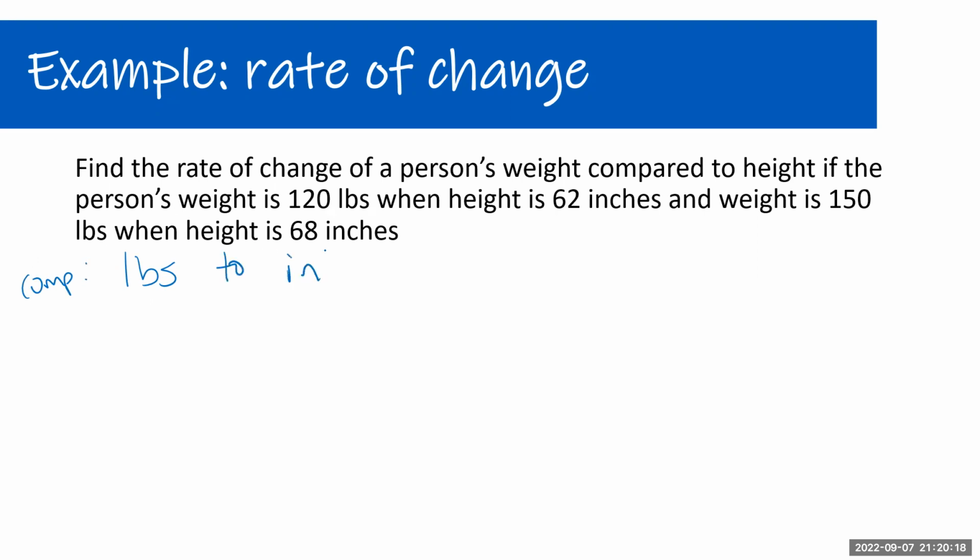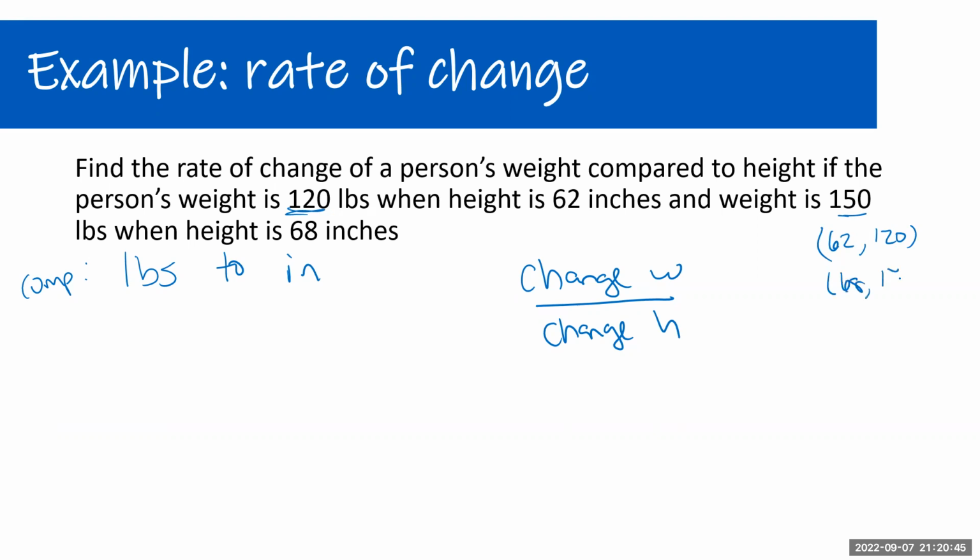So we're going to talk about the change in weight over the change in height, okay? The change in the weight is this 150 to 120, okay? So you can write these as points too, right? When they were 62 inches, they were 120 pounds. And when they're 68 inches, they're 150 pounds. So our change in weight is that 150 minus that 120 pounds over that 68 minus 62 inches.